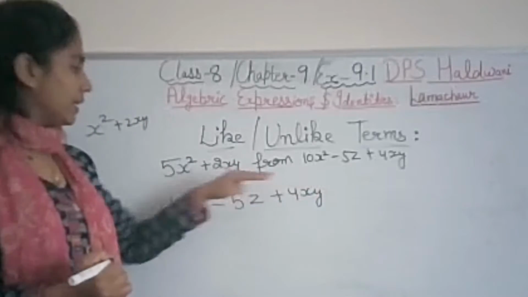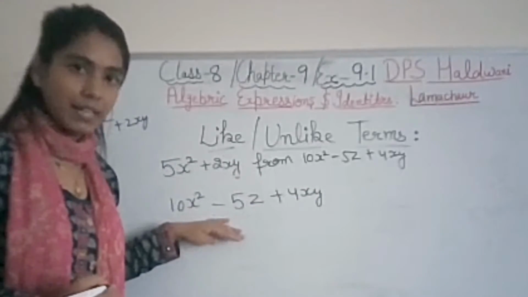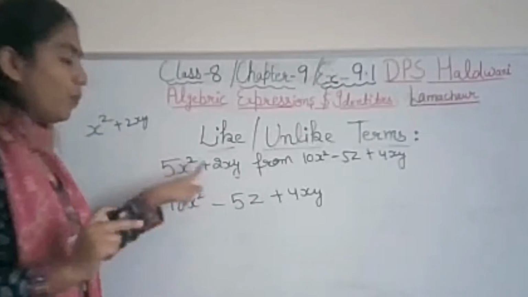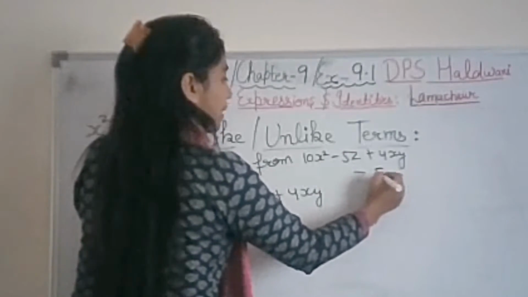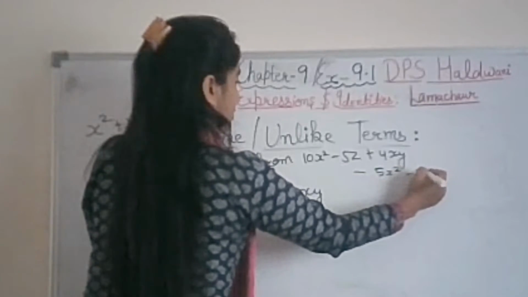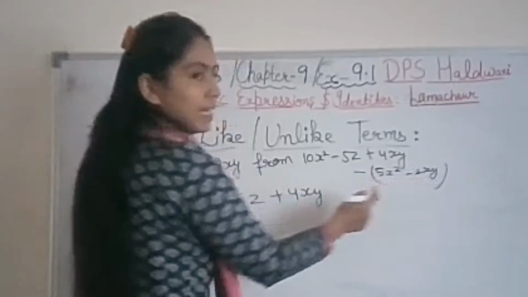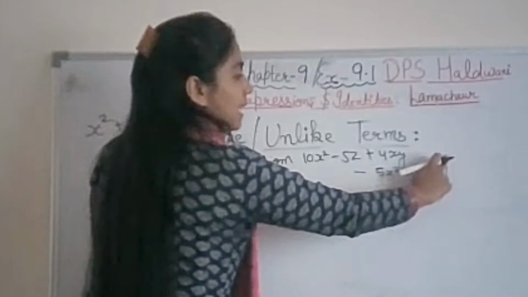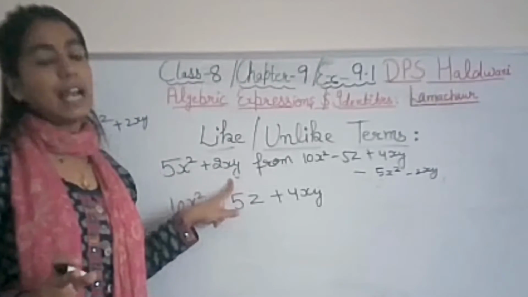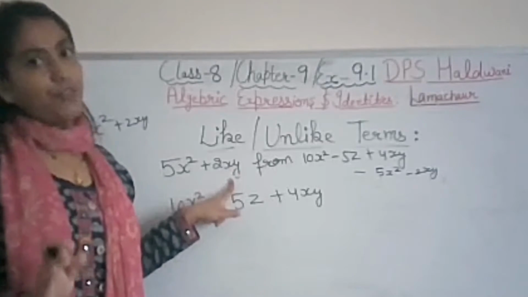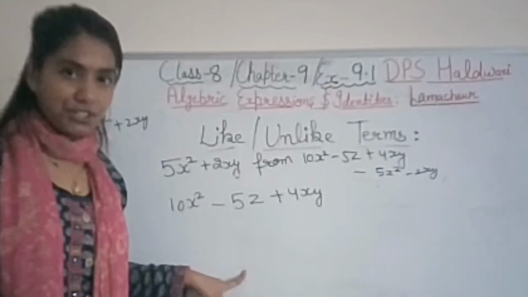You will subtract this term from this, right? So for both terms the sign will change, because it is minus 5x square and then minus 2xy, because the minus is outside. If the minus is outside, then the sign of the terms inside will change. You need to understand this to simplify first, before solving the subtraction, right?